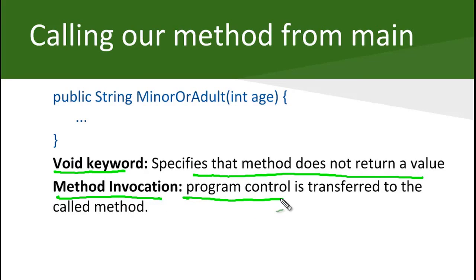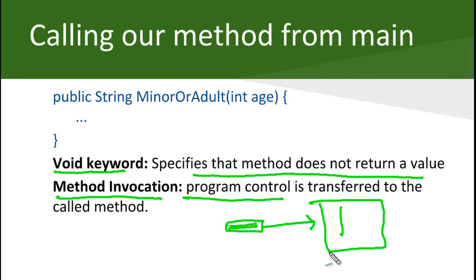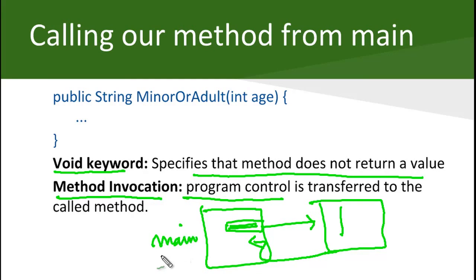And method invocation: when main was being executed, whenever the function is invoked, the program control goes to the function and it is executed. Then once the execution is completed, the program control comes back to main.